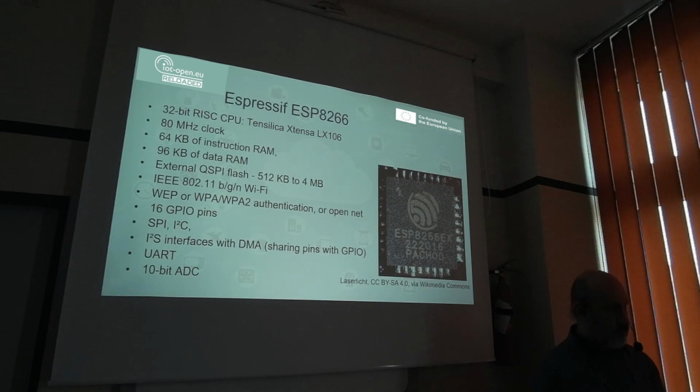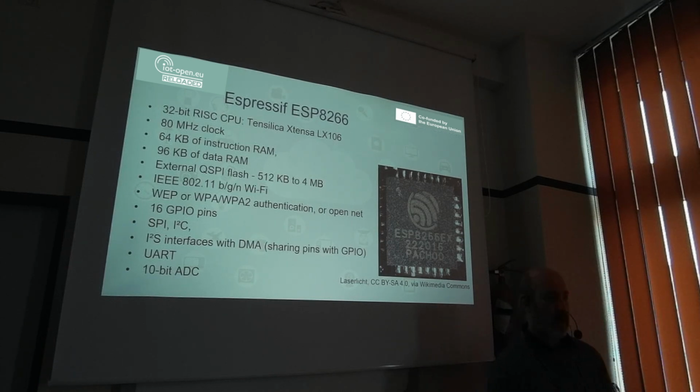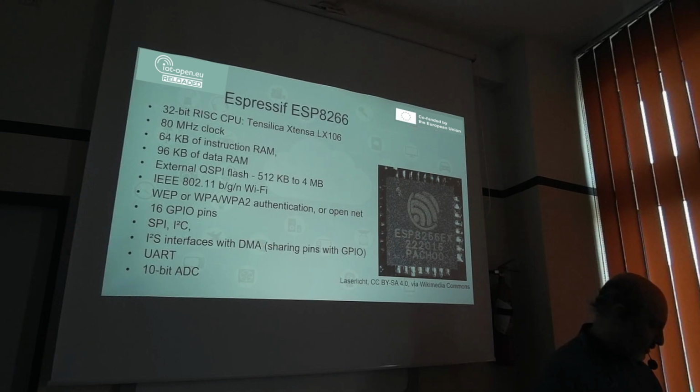It uses Wi-Fi, so ESP8266 uses Wi-Fi only, with WPA2 authentication, so maybe a little bit outdated now, but you know, this is the first popular chip from this family. It has 16 GPIO pins, and some interfaces like SPI, I2C, UART, and also analog to digital converter.